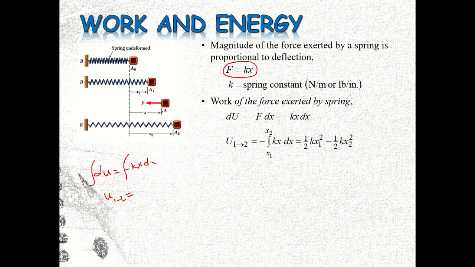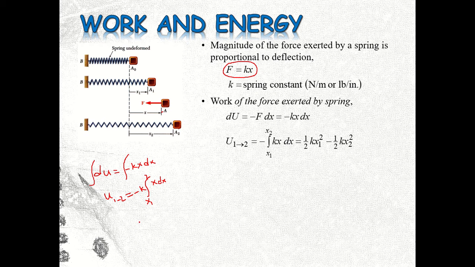And we know that k is constant, so you put the constant outside the integral sign. So negative k integral of x dx, and our limit is from x1 to x2. This is our limit.